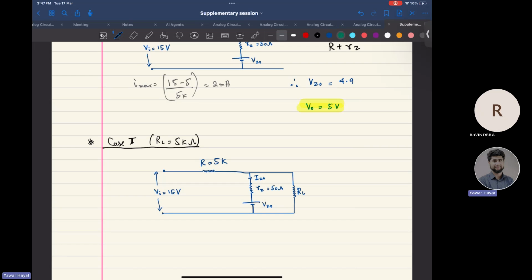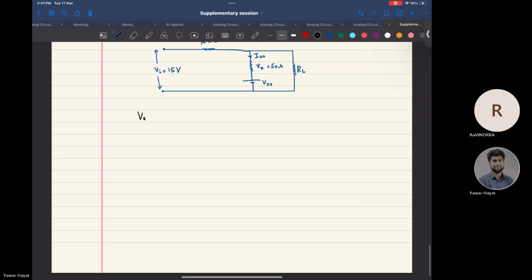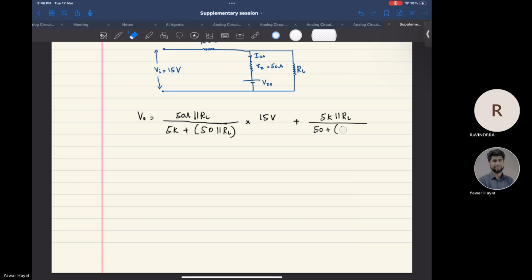Now again, for this case, how much would V naught be? That would be 50 ohm parallel RL whole divided by 5 kilo plus 50 parallel RL, times 15 volt obviously, plus 5 kilo parallel RL whole divided by 50 plus 5 kilo parallel RL.